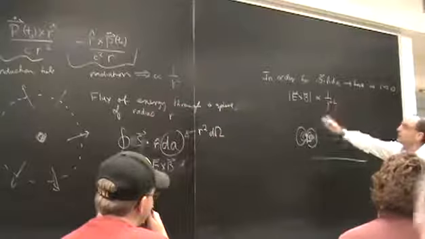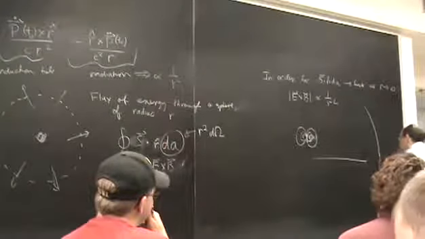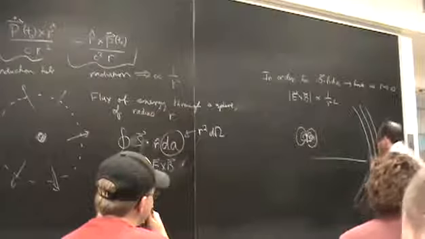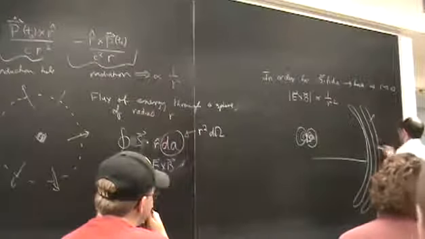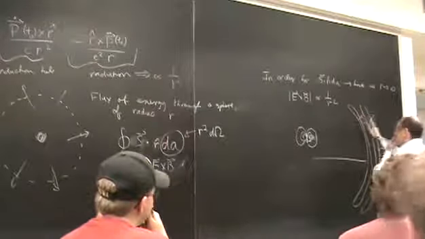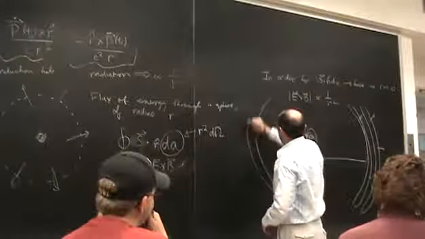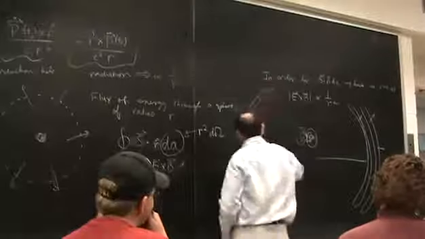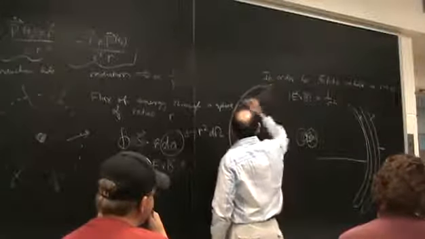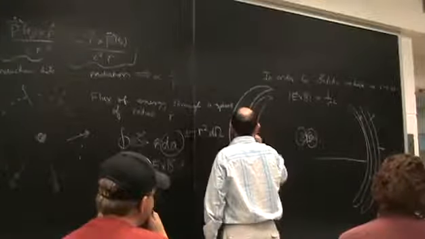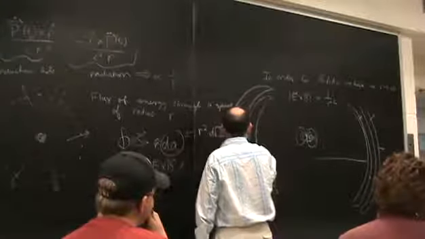We would see radiation, which would mean we would see wave fronts. So here's my electric field, up and it's down, it's up and it's down.